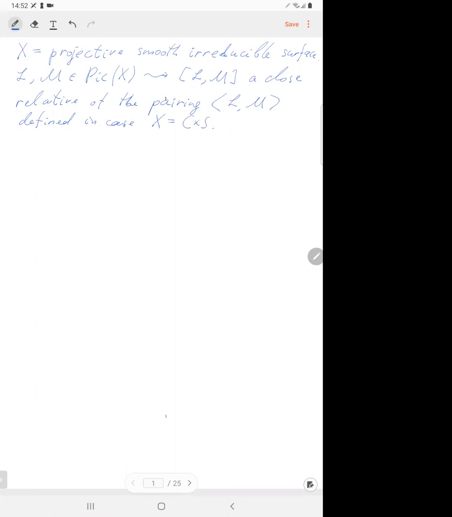Okay, but if you remember this definition, it really used the decomposable structure of our surface. So we do need some other ideas. And let me first motivate this new definition, and then I will give it. Well, in fact, okay, let me give this new definition and then motivate it.